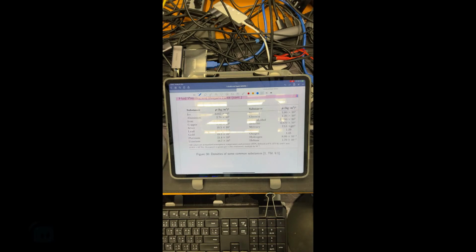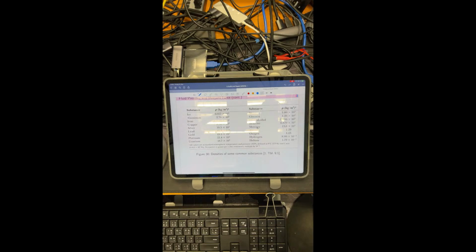And mercury, unfortunately, has almost the same density as several heavy metals here. Mercury is an exceptional case of a liquid, right?